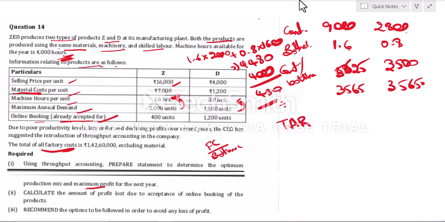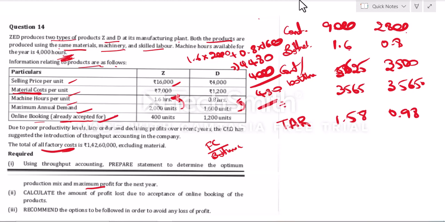What is the throughput accounting ratio? Contribution per bottleneck resource by factory cost per bottleneck resource. With this we can find whether it is profitable to produce that after incurring all the factory cost also. So 5625 divided by 3565, 1.58. 3500 divided by 3565, 0.98.